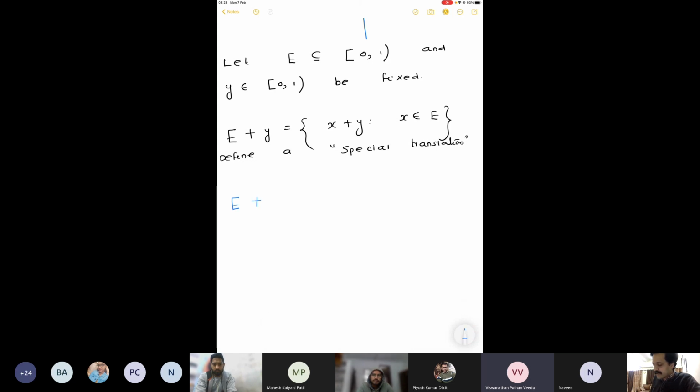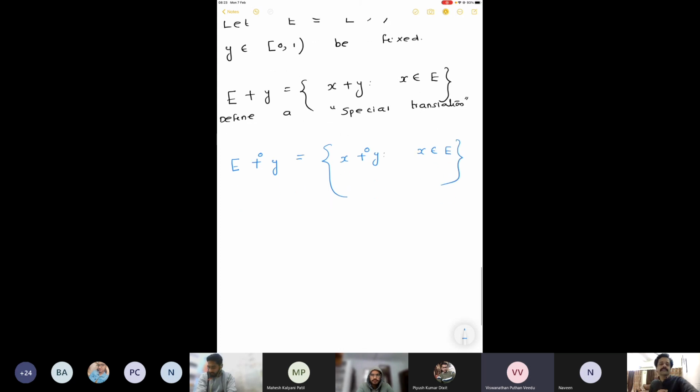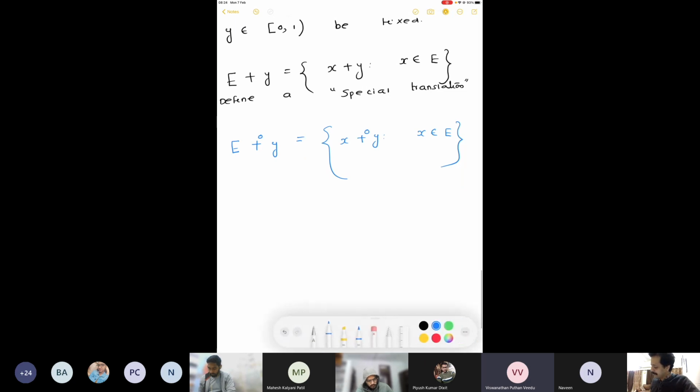E circle plus y is equal to the set of x circle plus y, x in E. Okay, so this is my definition. What is E? E is an arbitrary subset of the interval I that we have taken. Now, before proceeding, we need to observe certain preliminary things about this new translation.